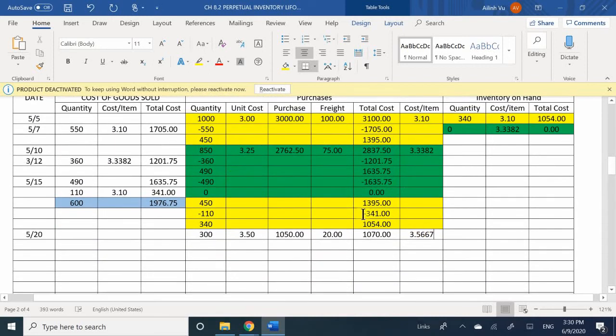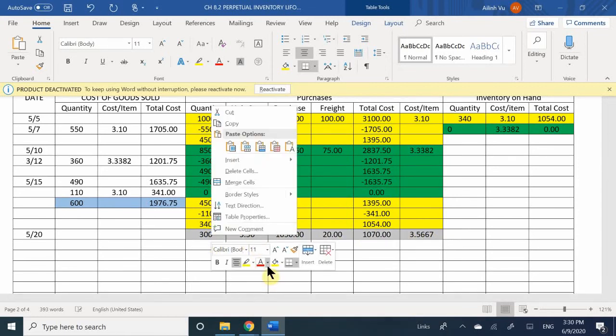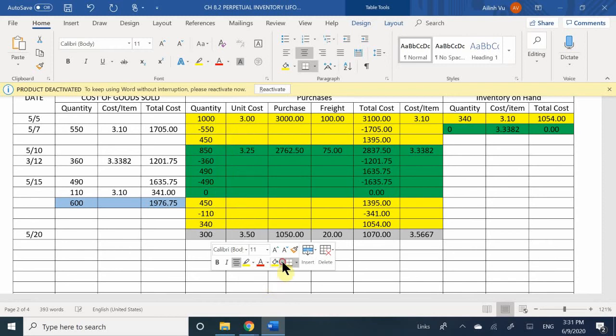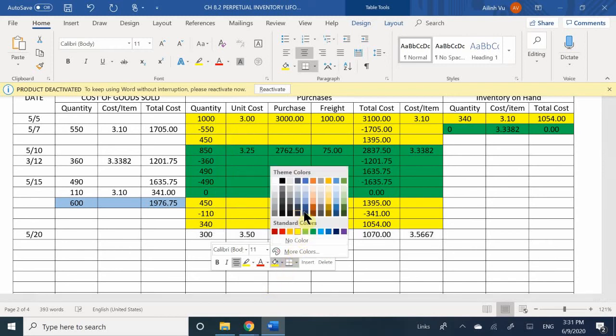Now let's choose a color from here. We no longer have green. We can choose burgundy, light blue, orange, or a lighter purple.